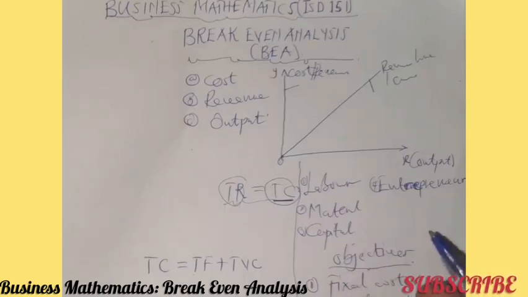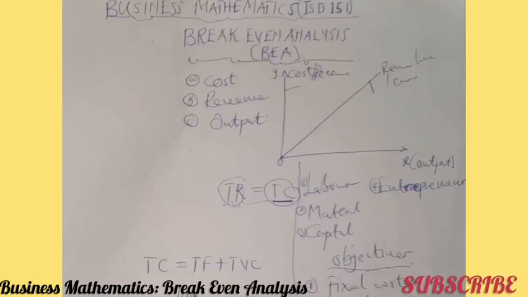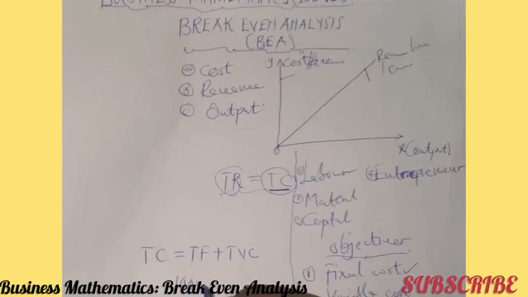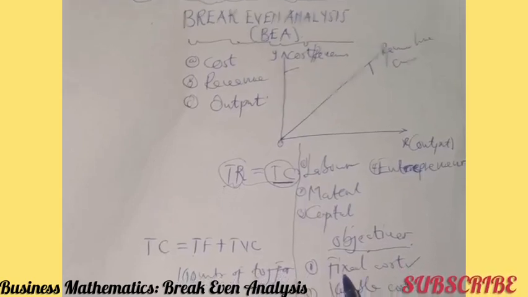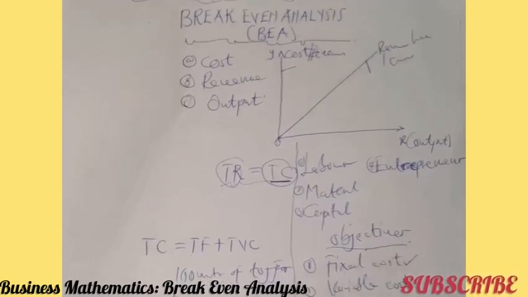So when there is a change, let's say at first labor had the capacity to produce 100 units of toffees. But now their capacity has changed. Now they're able to produce 110 toffees.